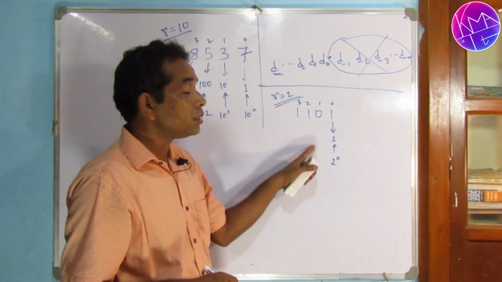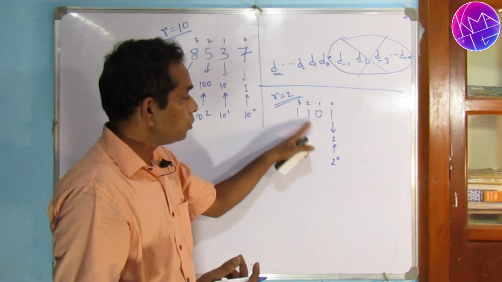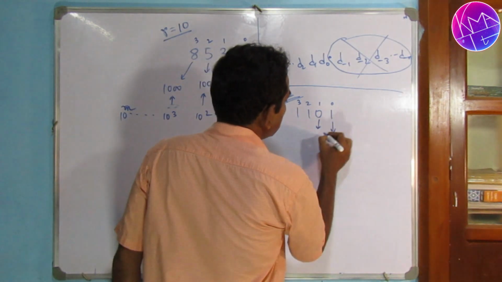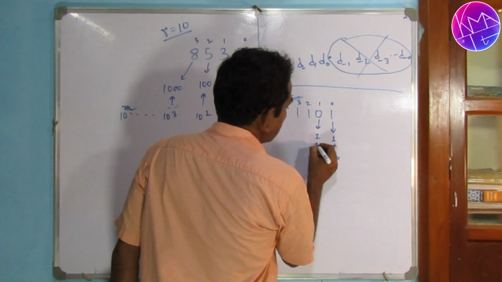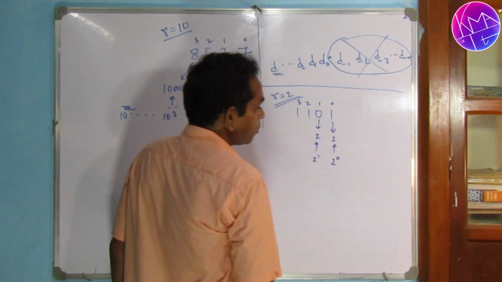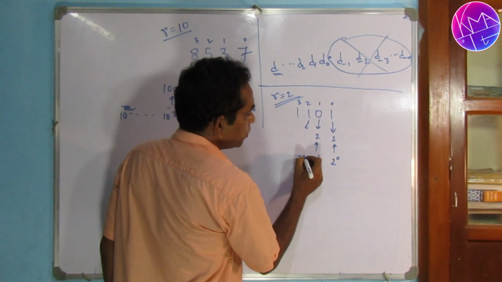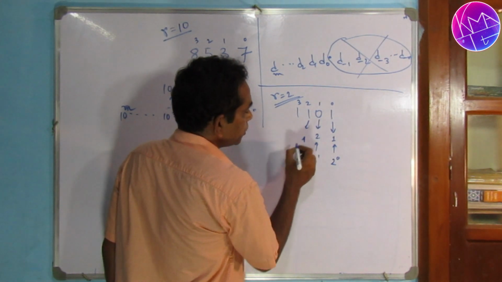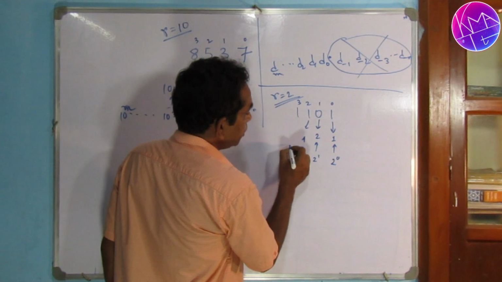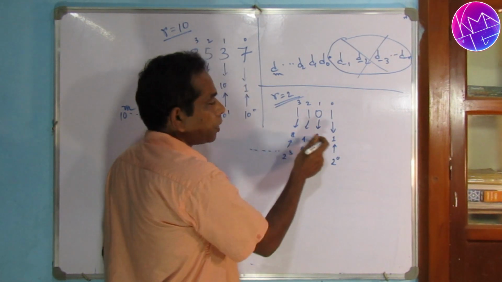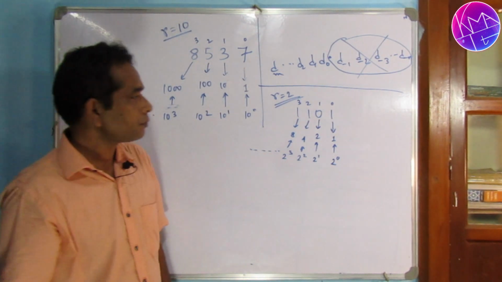Okay, because it's a binary number, so we will have to follow the base value of binary number system. Next is 2's position. From where? Means 2 to the power 1 equal to 2 means 2's position. Next is 2 to the power 2 means 4's position. Next is 2 to the power 3 means 8's position, in this way. So power of 2.